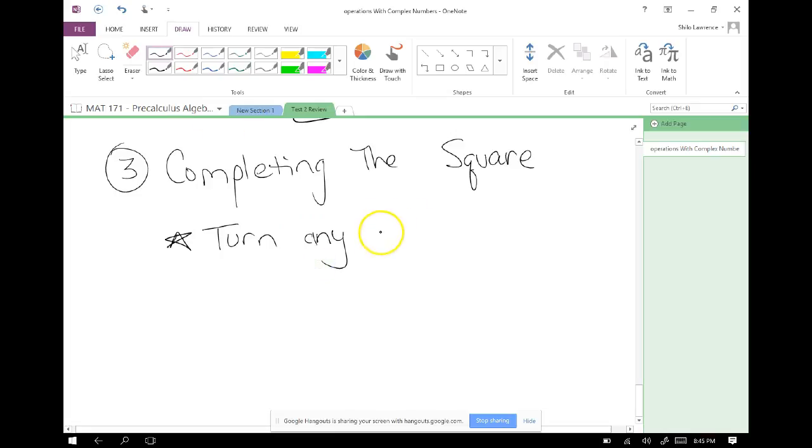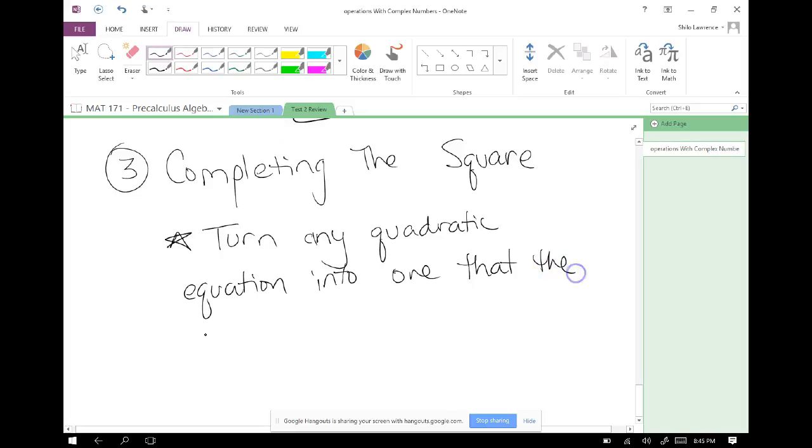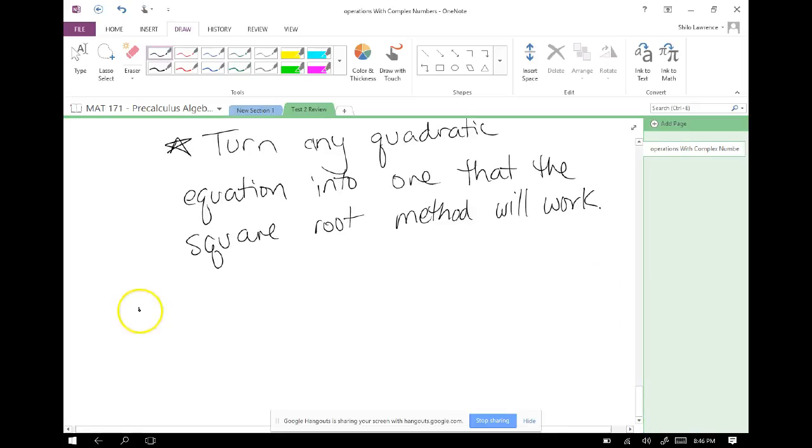So this is to turn any quadratic equation into one that the square root method will work on. Some of this looks like magic. There is reasoning behind it.